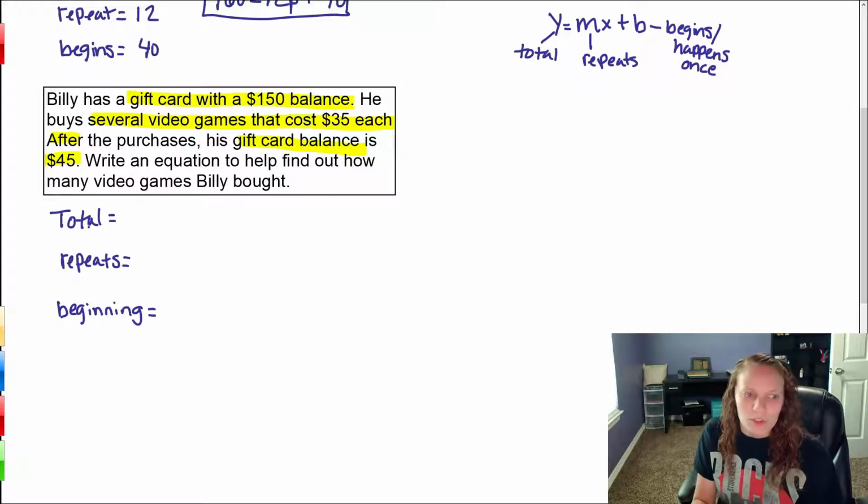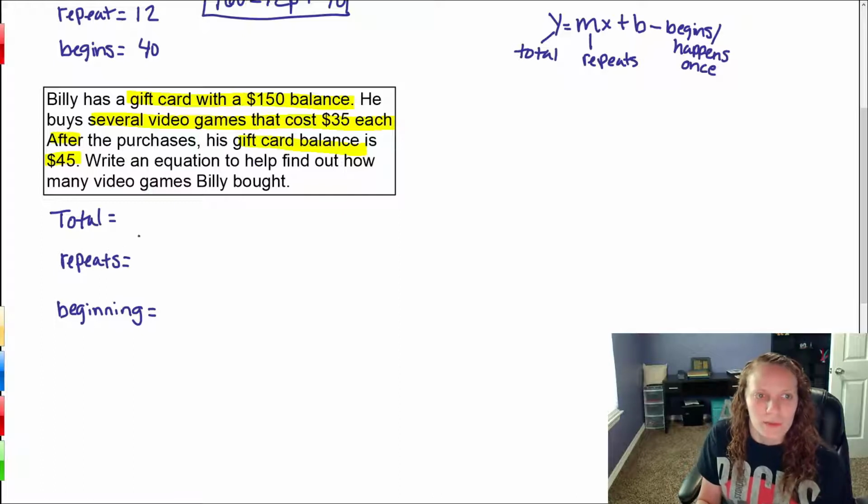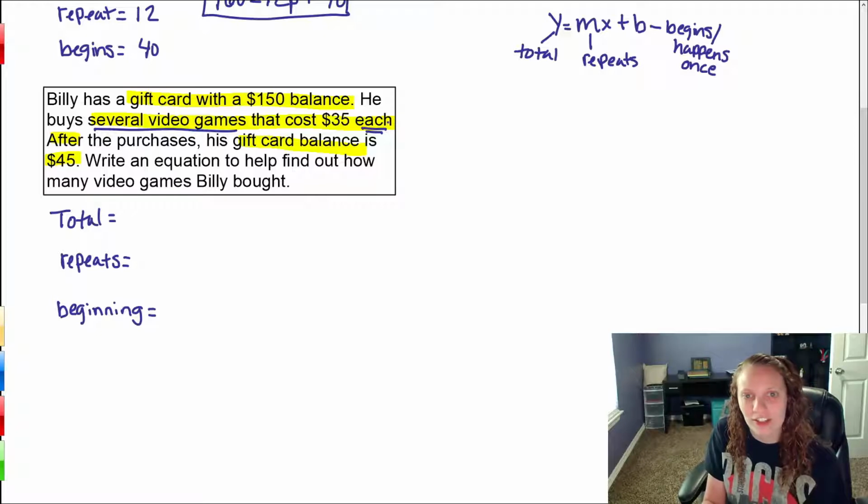I'm going to skip the total for a minute and jump to the number that repeats. We know that he bought several video games. We don't know how many video games, but we do know that they cost $35 each. This each is a very good key word to know if a number is repeating or not. For each video game that he bought, it's $35, so that's our repeating number.